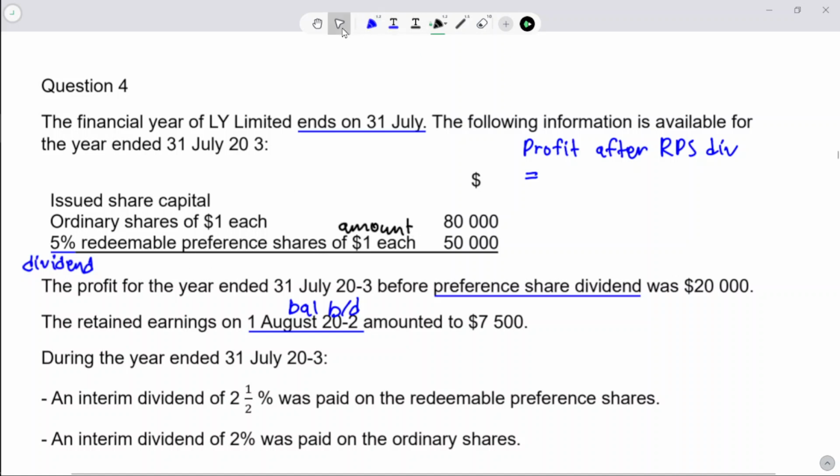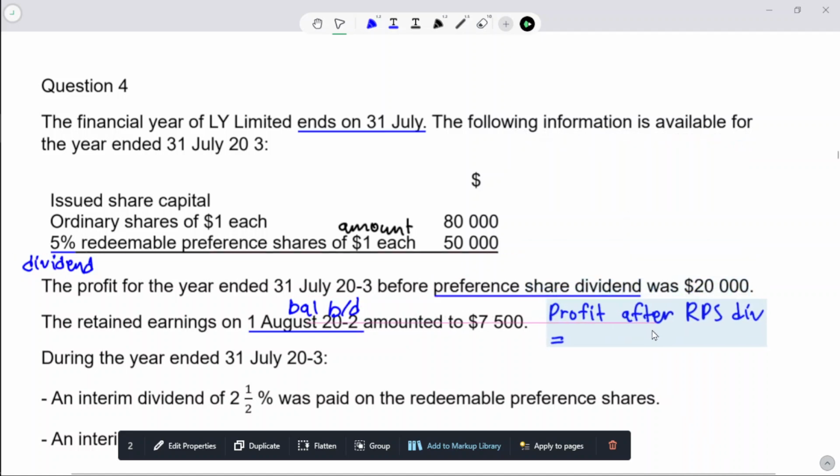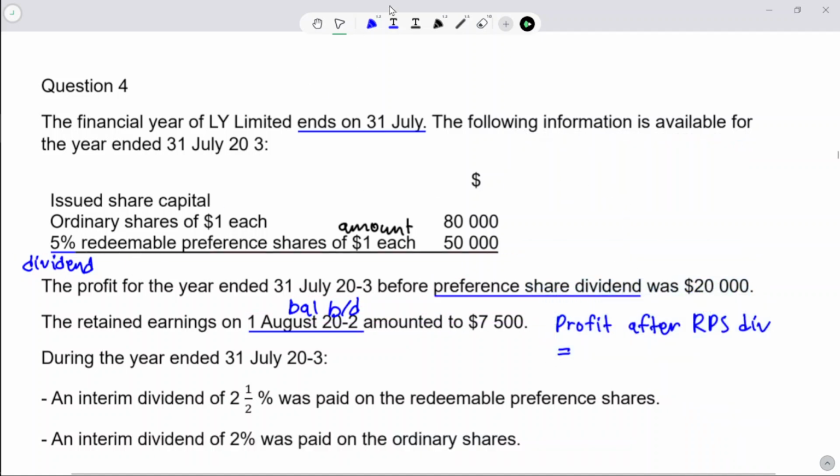So the RPS dividend will be 5% times 50k, which equals 2,500.